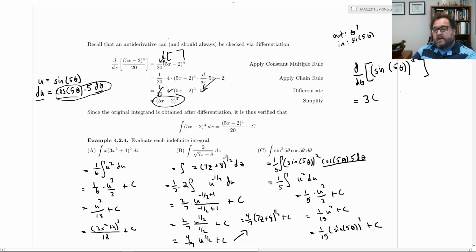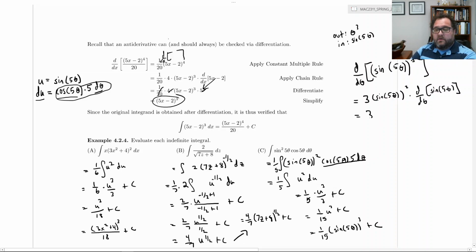That's 3 times something squared. The next step of the chain rule is to evaluate at the inside function, which I know is sine 5 theta. And then the next step is to multiply by the derivative of the inside function. Now I'm going to not combine steps here because this is going to require another chain rule.